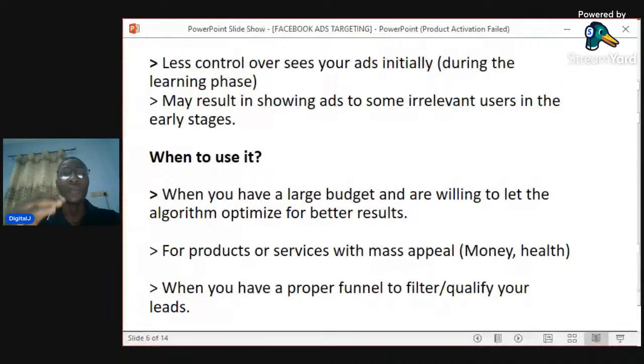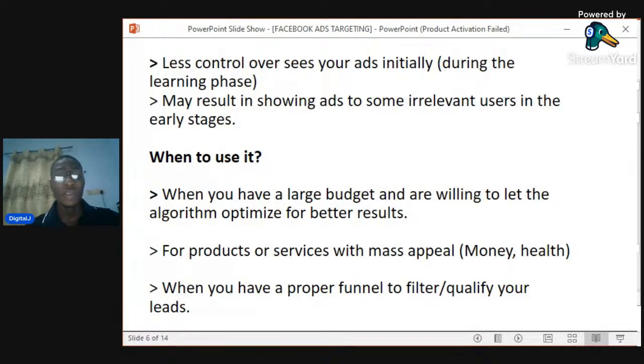Because once they go from Facebook to your landing page, they will read more about your book. If it is something that they want, they will proceed to your WhatsApp DM. But if it's something that they are not interested in, they'll just drop off and fall off at that point in the funnel.